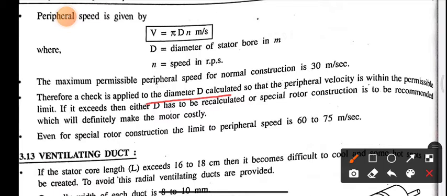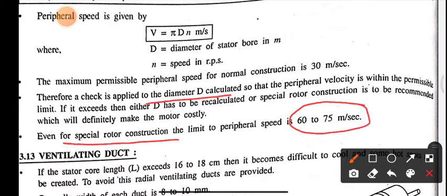Or if you don't want to do that, you have to design a rotor with a special construction, but it will make the rotor and stator construction costly, right? Even for the special rotor construction, if you design a special rotor for the speed beyond 30 meter per second, then also you can go up to only 60 to 75 meter per second.